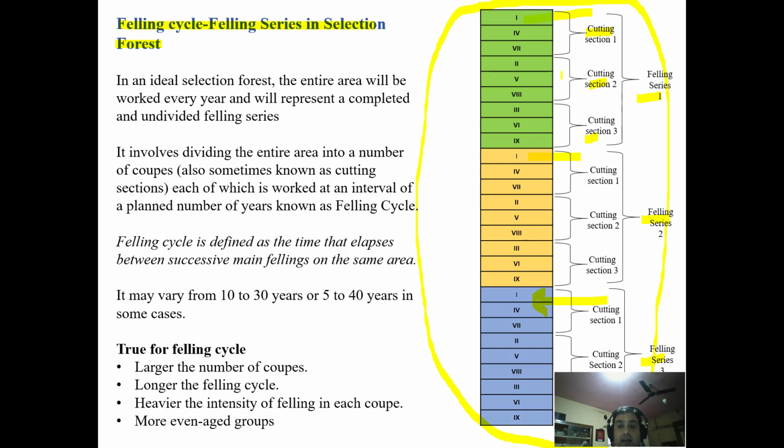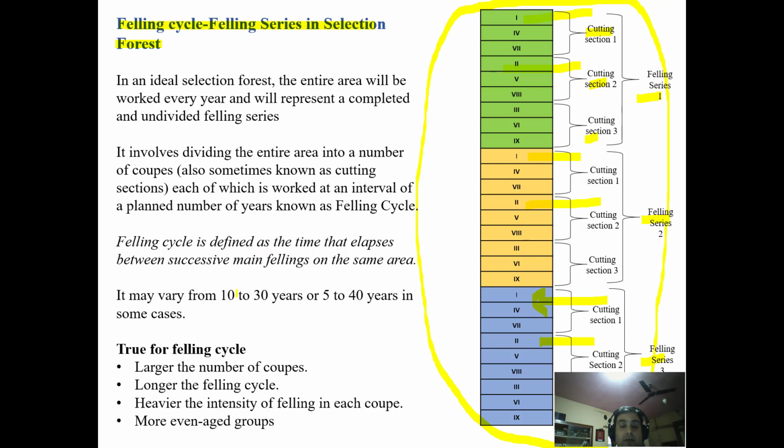In the second year it will be this Coop, this Coop and this Coop. So in the selection system also we can have fellings arranged in such a manner that each felling series will have fellings in different cutting sections in different Coops.